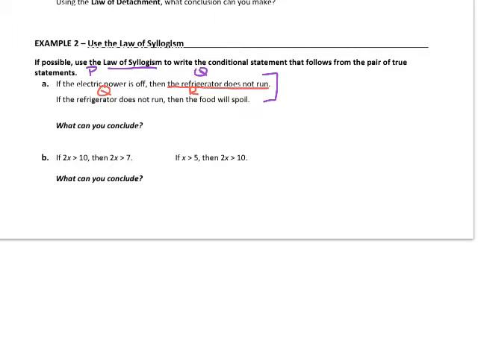Now remember, I mentioned in the definition, if we have the same conclusion here as we do the hypothesis in the second statement, we can just get rid of those things. If there's a repeated piece of information, as long as the two statements are true, we can get rid of that, and we can rewrite hypothesis P, then conclusion R. Okay, so we're going to rewrite the statement completely.